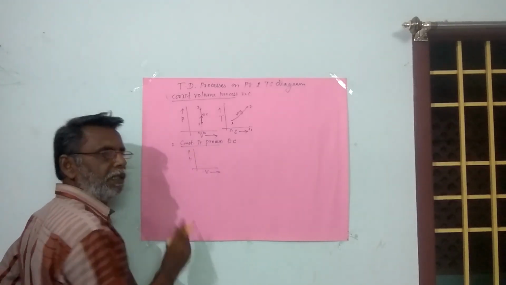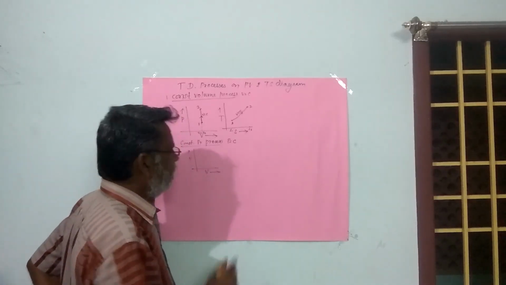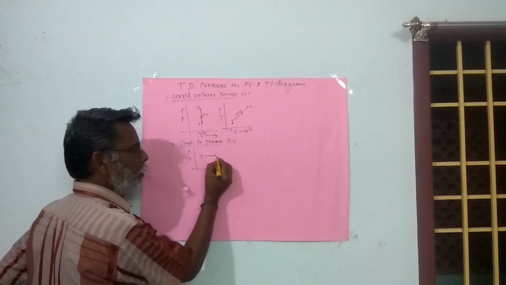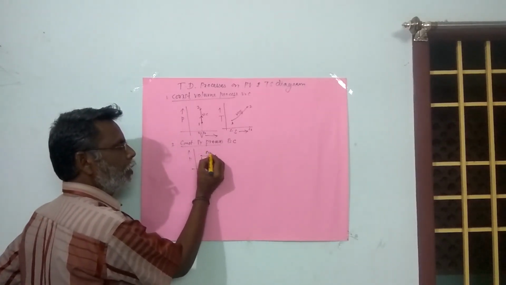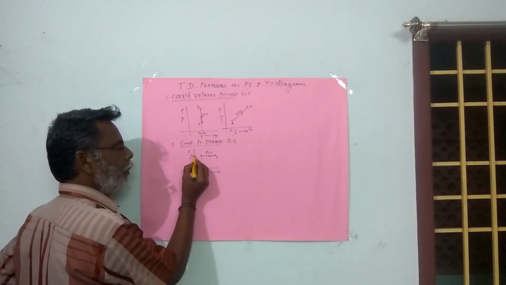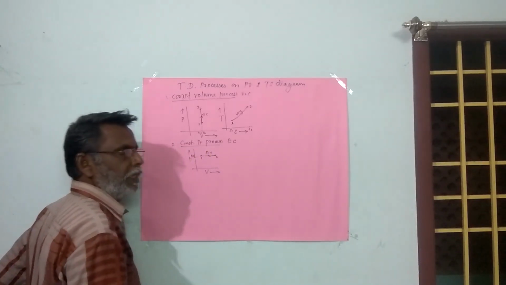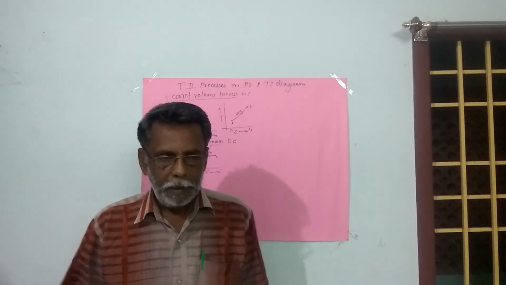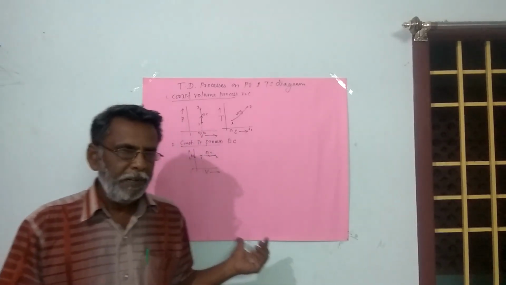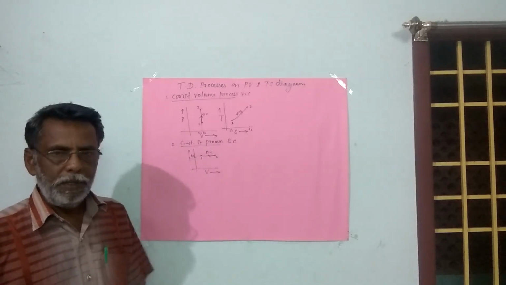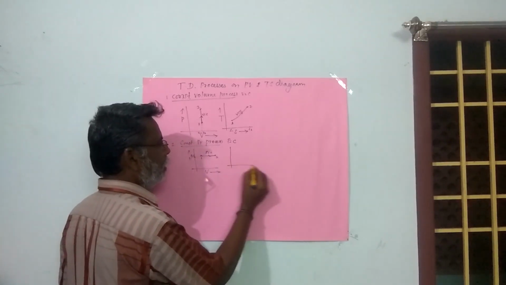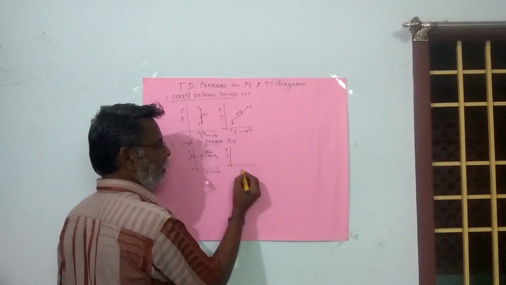Since the pressure is constant, the process line is a horizontal straight line from 1 to 2. So P1 is equal to P2. For the constant pressure process, the representation on the PV diagram is a horizontal straight line.